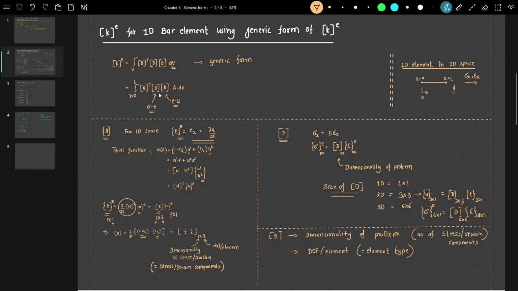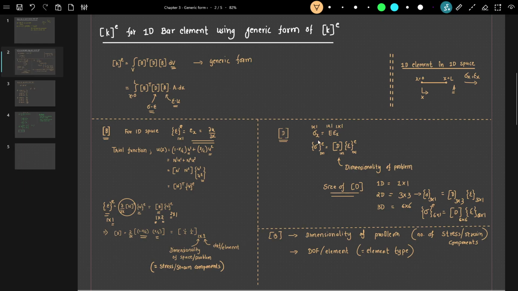So now we have seen the B matrix. We will see the D matrix. D is, as we know, the stress strain relation. So for 1D it is only one stress component and only one strain component, and therefore D is 1 by 1. Okay.